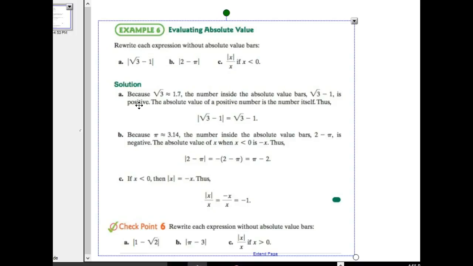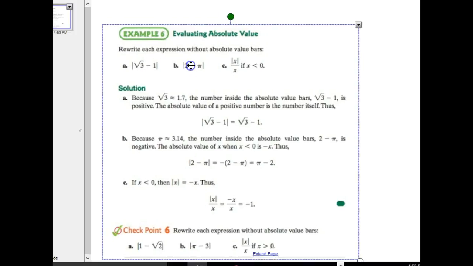However, on B, which is this one right here, the absolute value of 2 minus pi, because pi here is about 3.14, the number inside the bars, if you were to take 2 minus 3.14, is going to give you a negative answer.